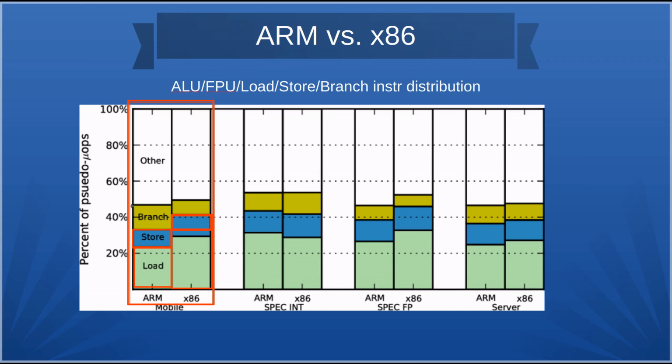And you can see also ARM is kind of heavy on branching, and x86 needs less branching. But overall, this is actually the ALUs, this is the execution, this is where the calculation is done. This is the ALU and floating point operations together.